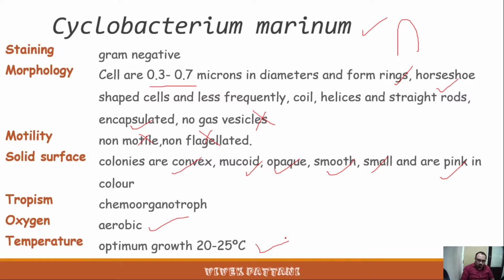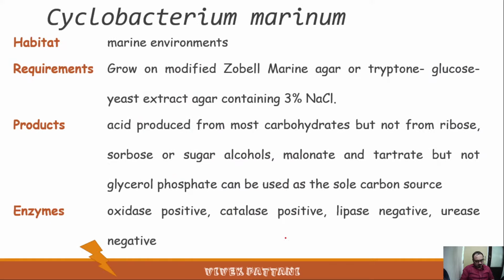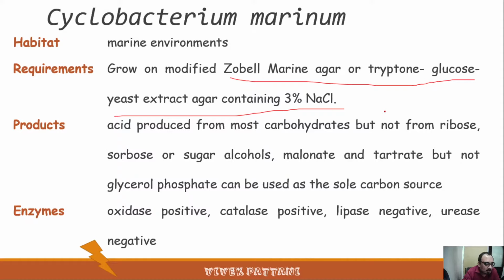This is the least studied group, so very little information is available on this bacterium. They are found in marine environments, as the name itself says, Cyclobacterium marinum. For growth they need modified Zobel marine agar medium or tryptone glucose yeast extract agar medium containing 3% NaCl. Why is NaCl added?